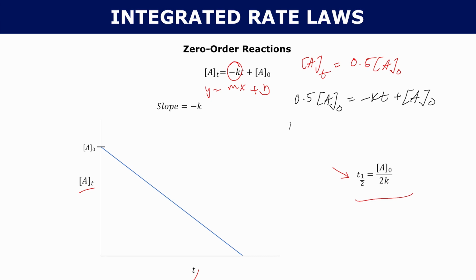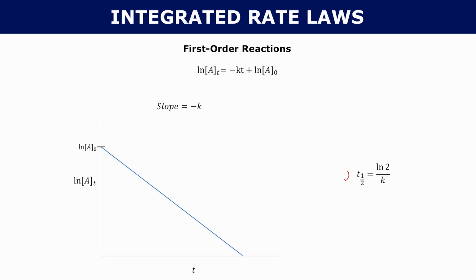That'll get you that kt is 0.5 times your initial concentration. So your time is your initial concentration over 2k. And that's what you have here. That'll be the process for finding the half times for all of your reactions depending on the order. And we'll see that in first and second order as well.